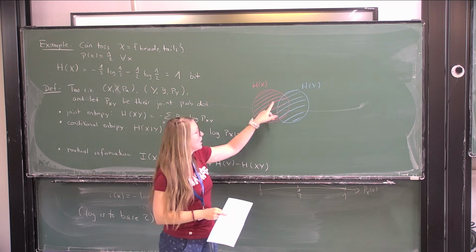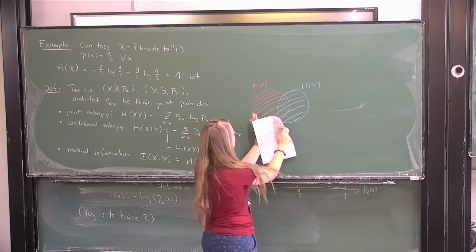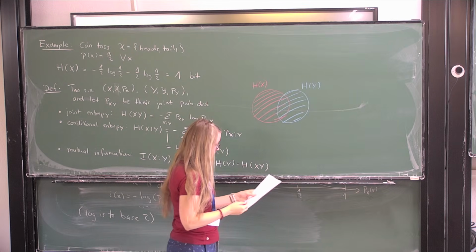So there can be some overlap between the two random variables. If the random variables are independent, these two circles wouldn't overlap. They would be completely separate sets.